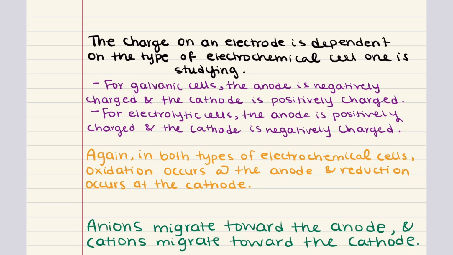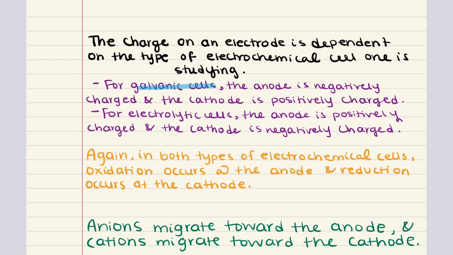Now that we've covered the fundamental differences between galvanic and electrolytic cells, let's focus on how the charge on the electrodes and the movement of ions are determined by the type of electrochemical cell. The charge on an electrode depends on whether we're dealing with a galvanic cell or an electrolytic cell.